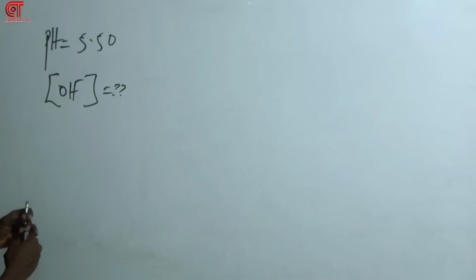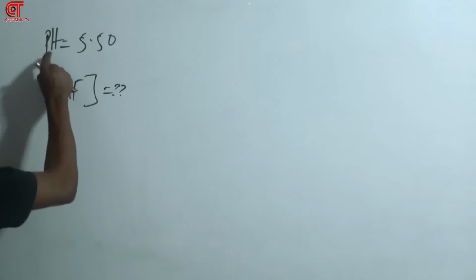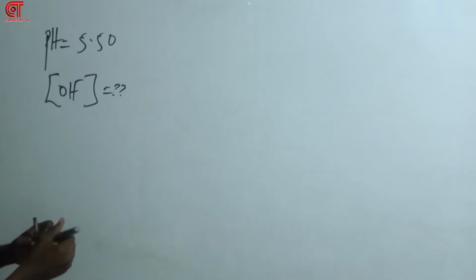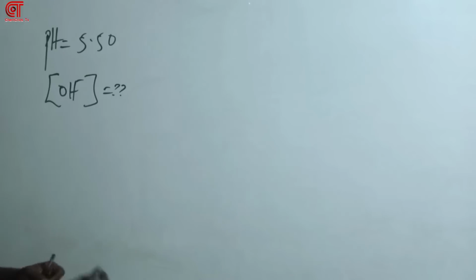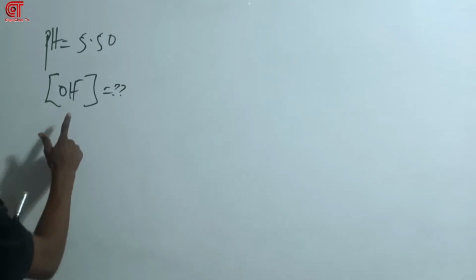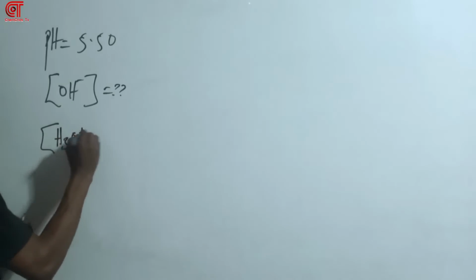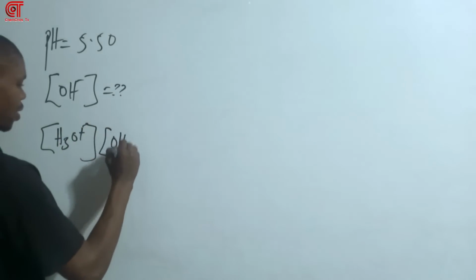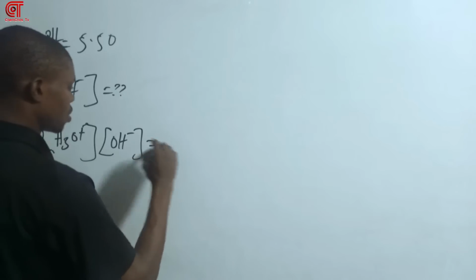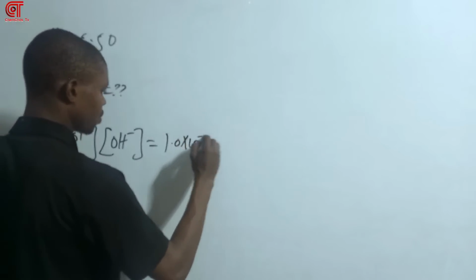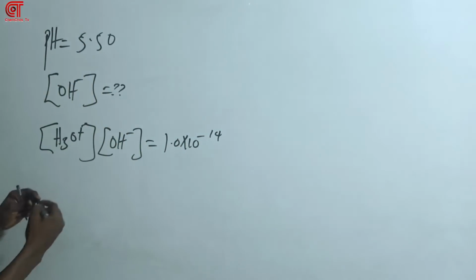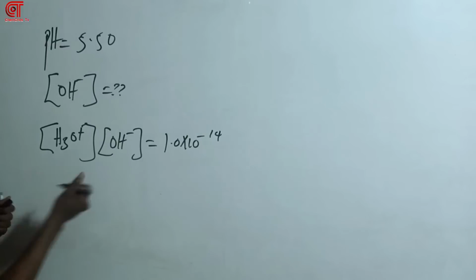The first thing you want to look at is to calculate the concentration of the hydronium ion or H plus ion, right? Remember, if you want to calculate one here, we have H3O plus times OH minus equals 1.0 exponential 14. Or you can use this method here.